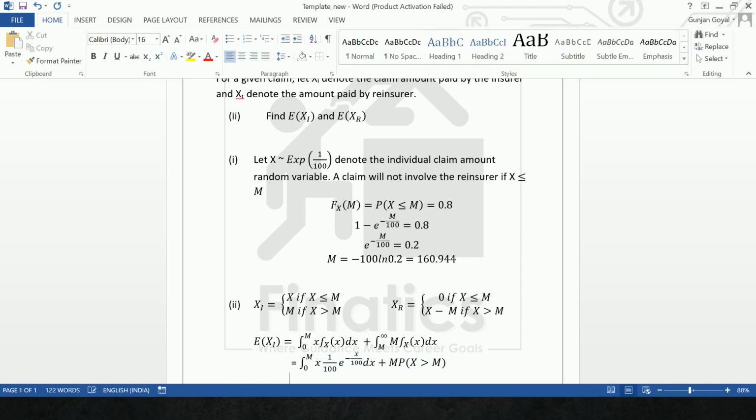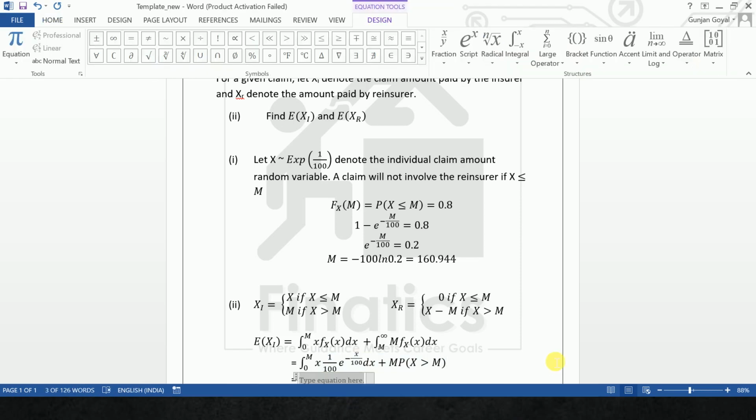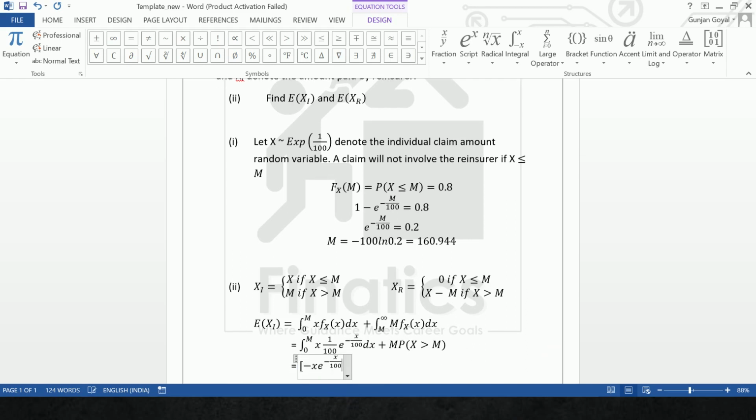Come down, press tab, equal to, alt equals, again an equation. Now to solve this, we have square brackets, minus x e to the power minus x by 100, brackets closed, with limits 0 to M, plus again your integral, because now we have to solve M into P(X greater than M).